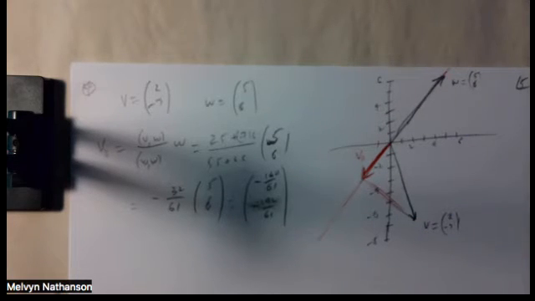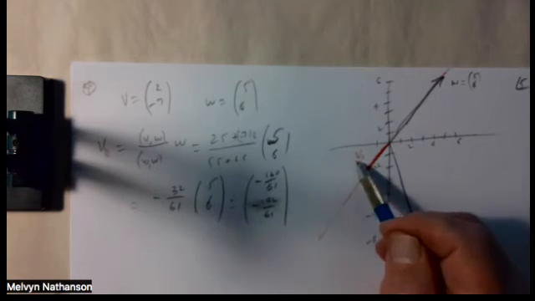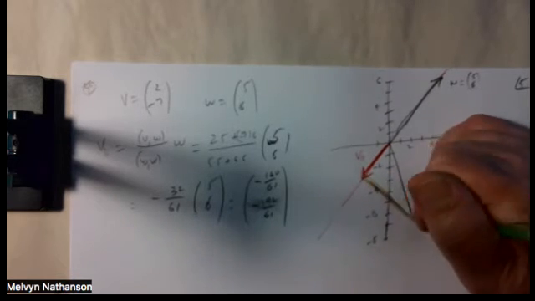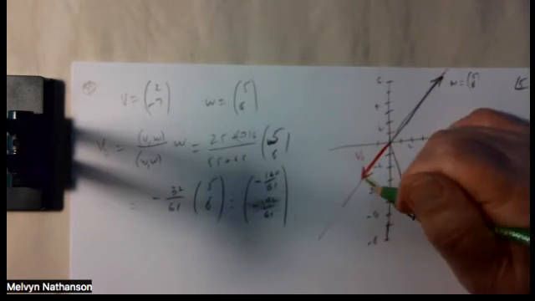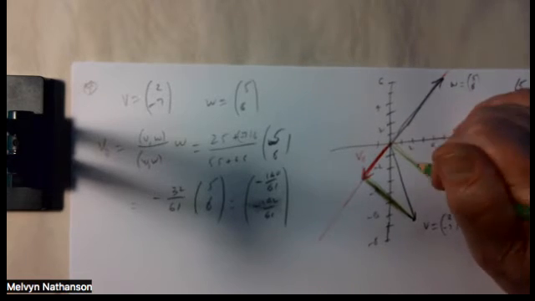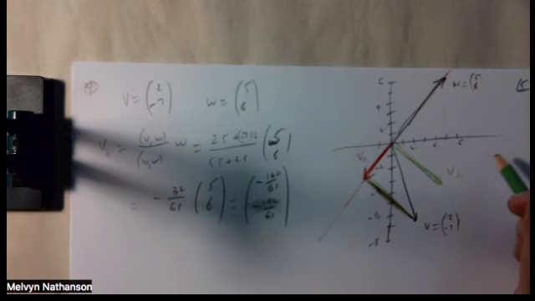In any case, this right here is exactly v parallel. These are the coordinates. And this vector, which I'll make in green from here to here, is going to be v perp.